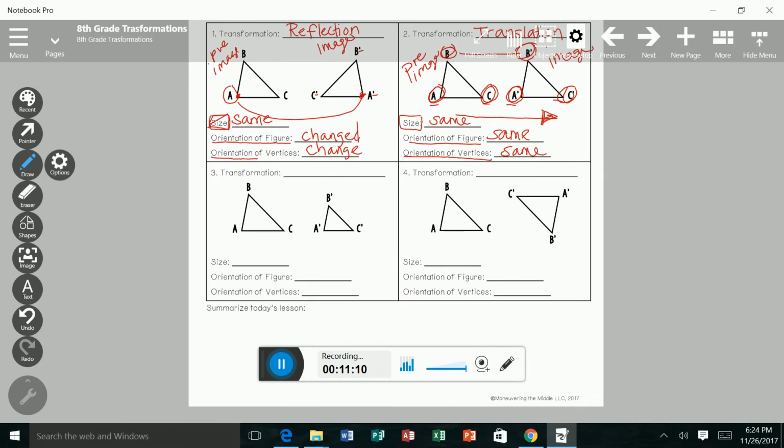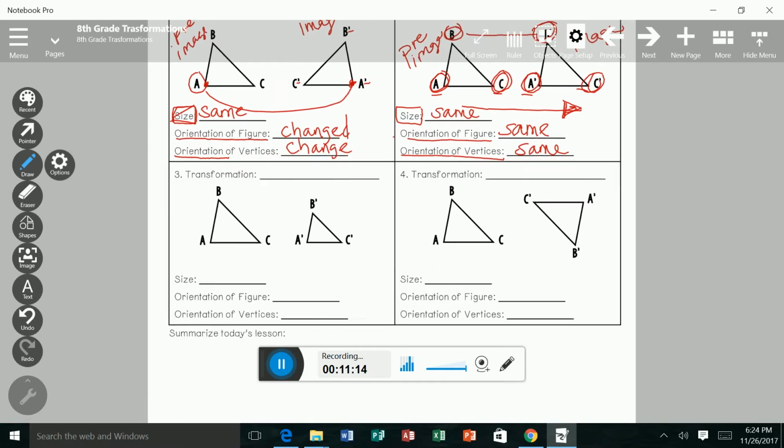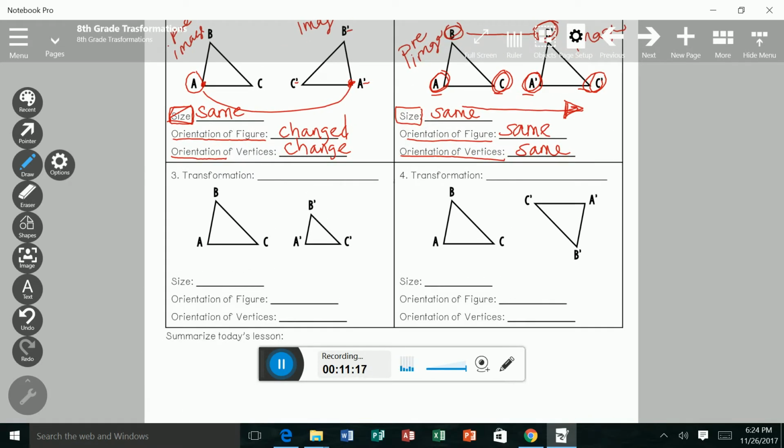Okay, here's my next transformation. These are the easiest to recognize because obviously the size has changed. Here's my image. I'm sorry, pre-image. Here's my image. B, B prime. You can tell that it has shrunk. So this is a dilation.